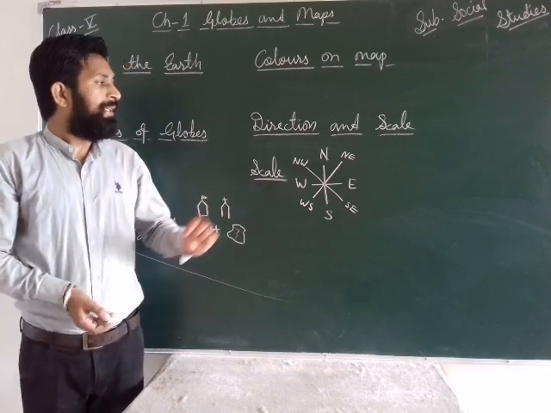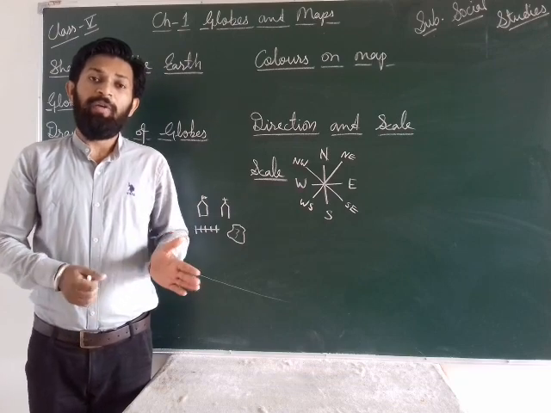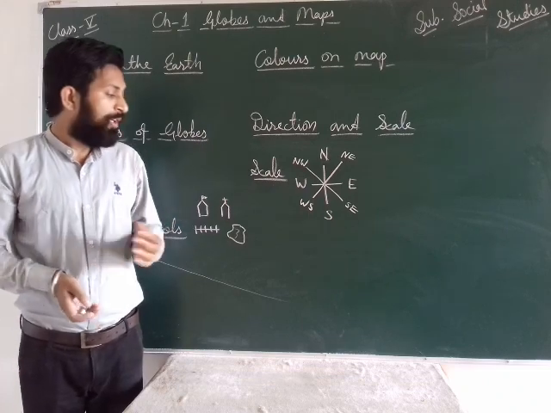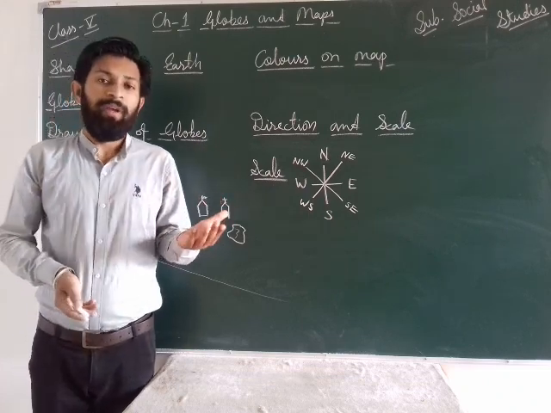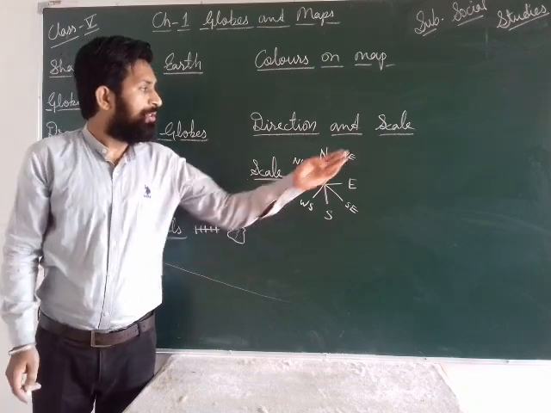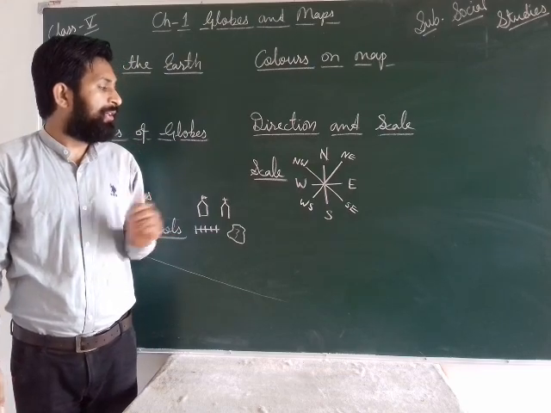And scale is a ratio between the actual distance and the distance covered on the map. That is the ratio between them. Whatever we are using on the map and whatever is there in the actual distance, that ratio is known as the scale. We are using scale because it is easy to understand.